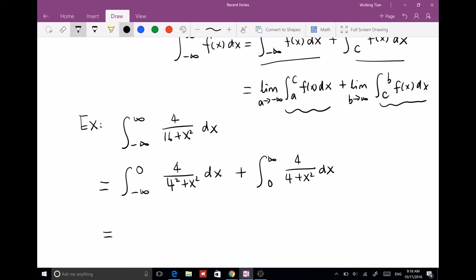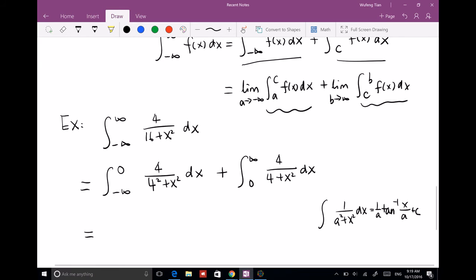You know the antiderivative of 1 over x squared plus a squared, right? It is 1 over a arctangent of x over a, plus c. Please finish these two by yourself. Try.